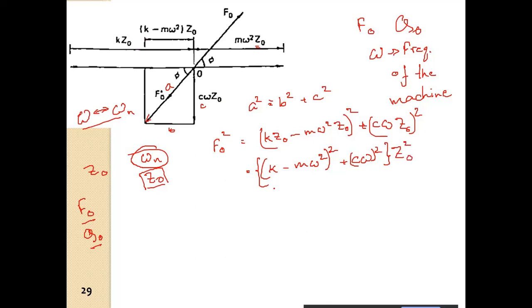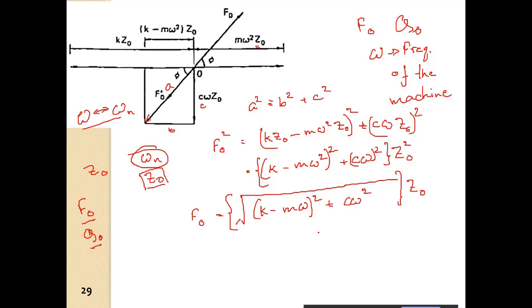Alright, so ultimately we will have F0 is equal to root over K minus M omega square, squared, plus C omega, squared, whole into Z0. So what is Z0? Z0, that is the maximum amplitude, is equal to the force applied by this.